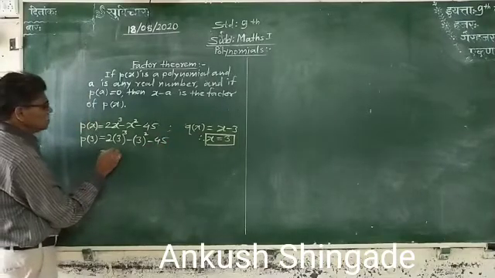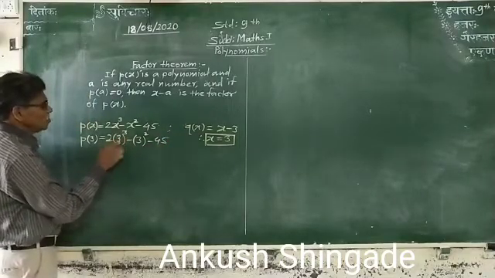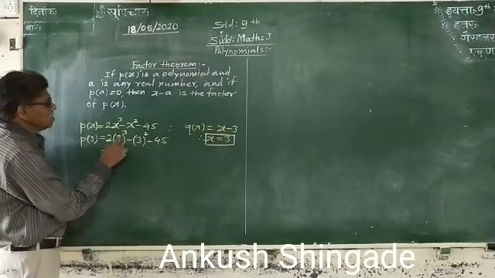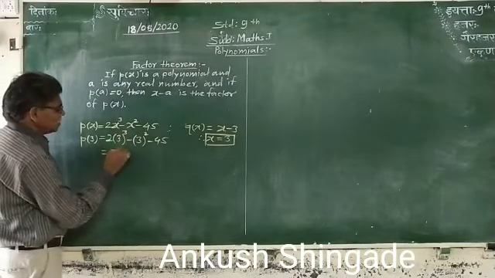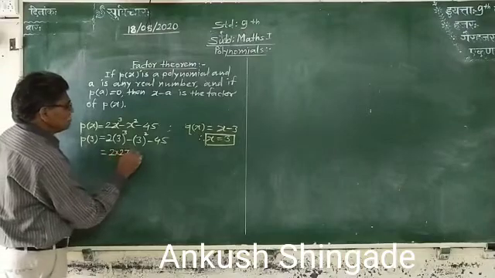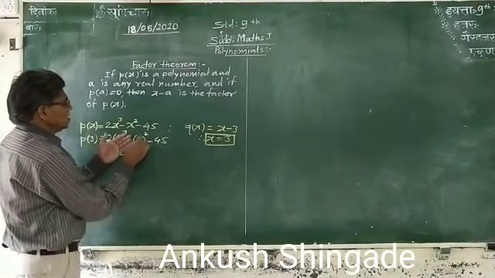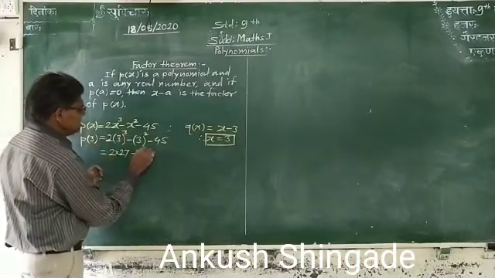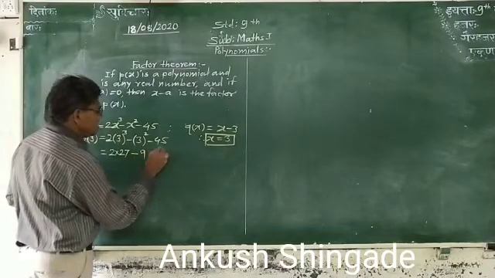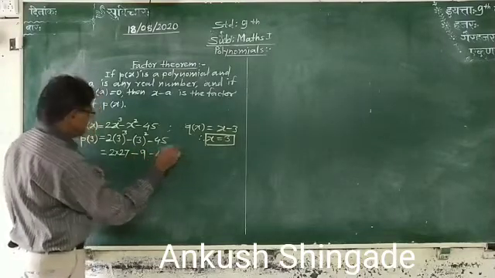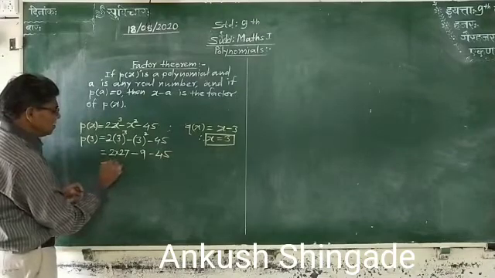Equal to 2 into cube of 3, that is 27, minus square of 3, that is 9, minus 45.